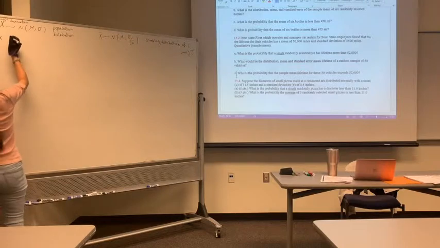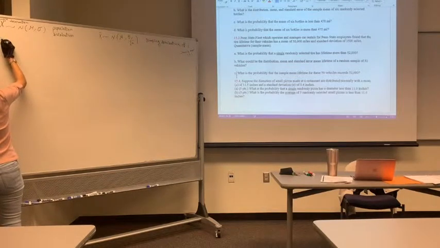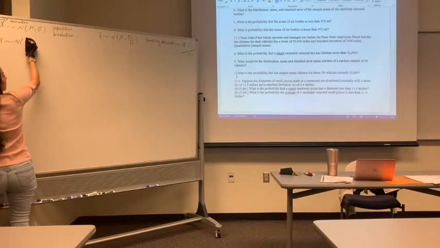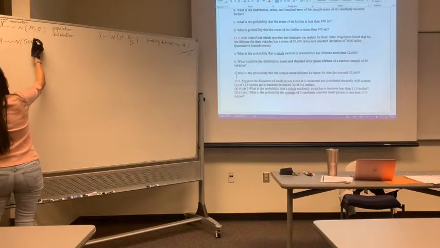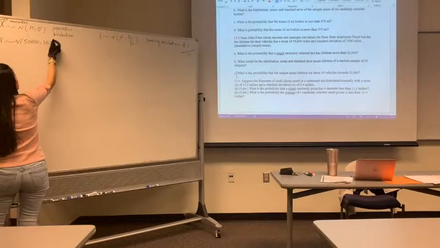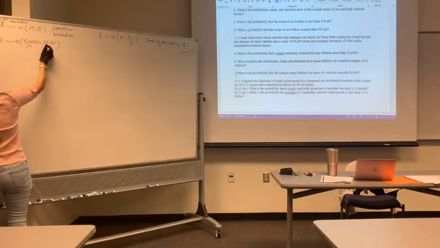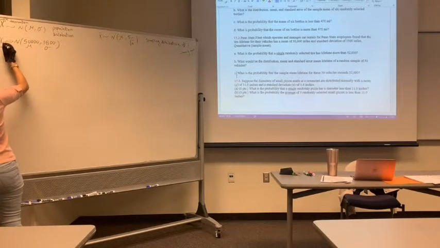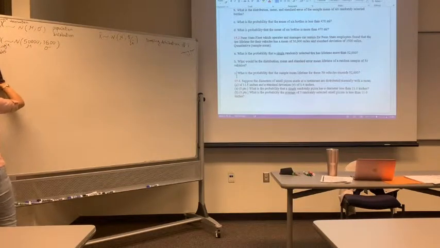Okay, so we have X. Our population will have this mean and this standard deviation, right? So this is a single observation and this is the population distribution.